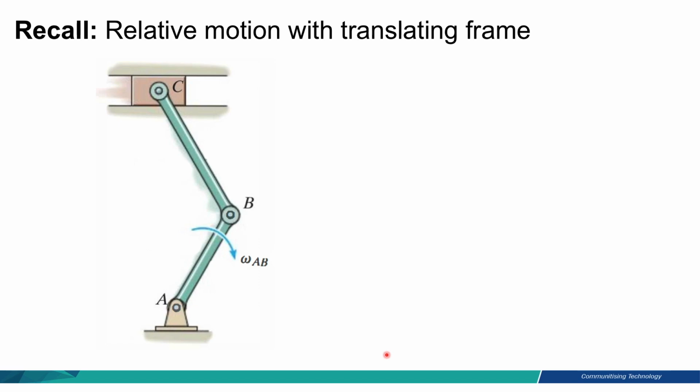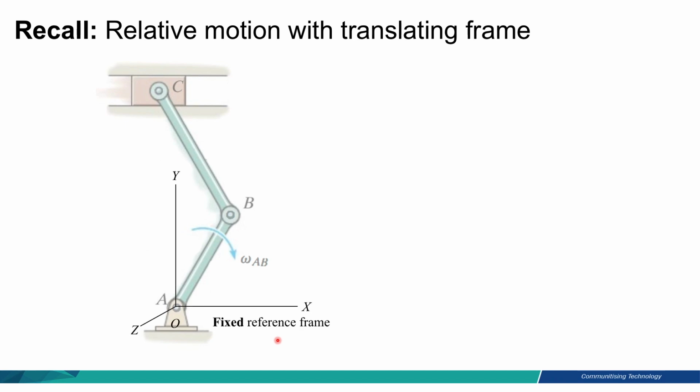Let's look at an example of a moving rigid body. Here we have two rigid bodies, AB and BC. To analyze the motion of point B and point C, first we set point A as the fixed reference frame.